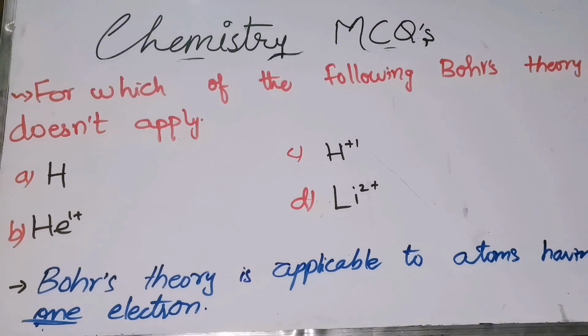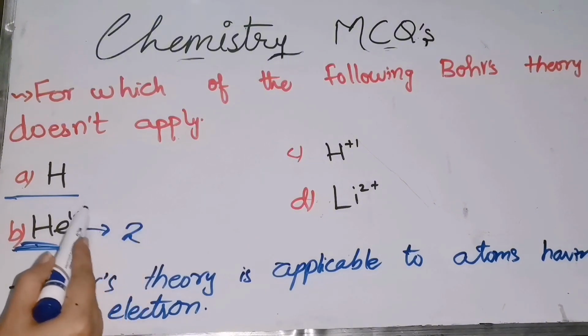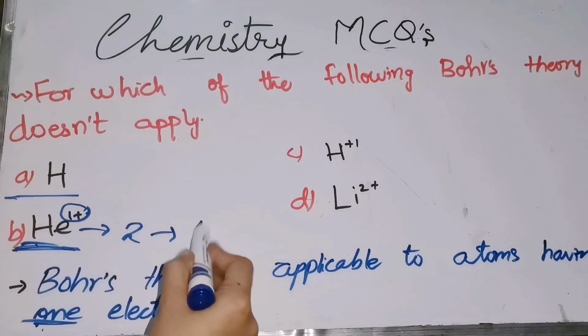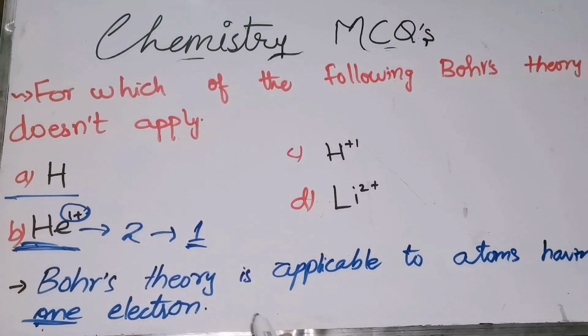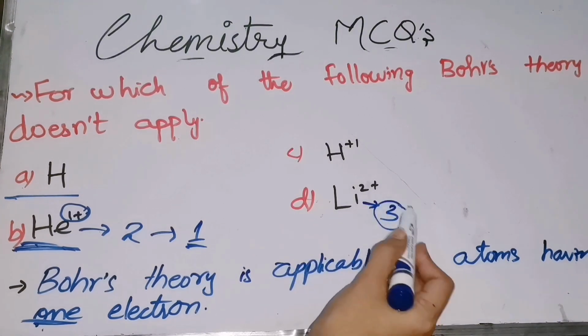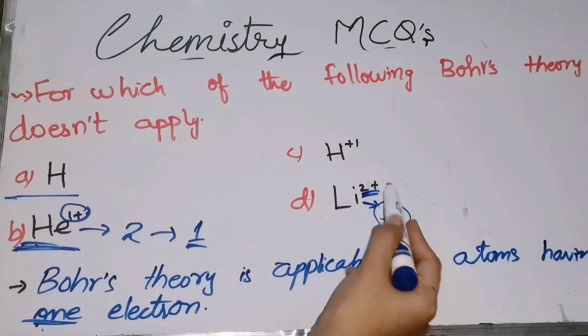Now let us see the example. See over here, hydrogen is having only one electron. Helium has two electrons, but it has lost one electron. It is having plus one charge. So now it is having how many electrons? Only one electron. See over here, lithium has three electrons. It is having plus two charge, meaning that it has lost two electrons.